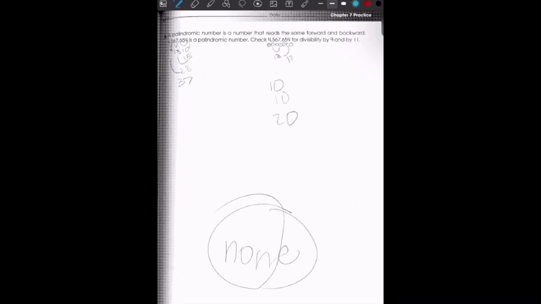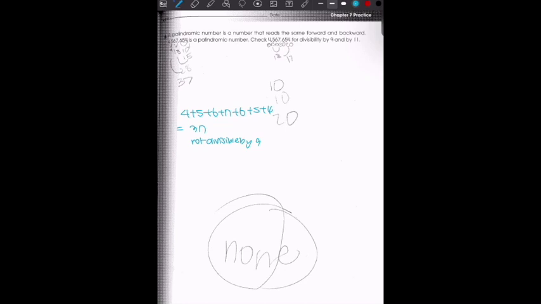So for a palindromic number, and a palindromic number is a number that reads the same forward and backward, the sum of the digits is going to be 37. And 37 is not divisible by 9. So that tells us that the number is not divisible by 9.